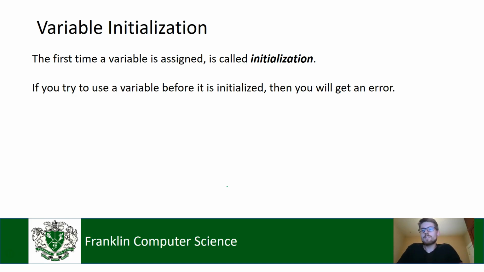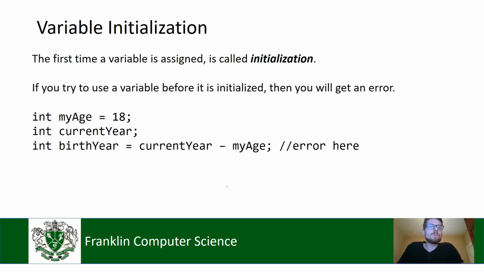And it's okay, this is fine. You'll just have to go back and see, well, I must have declared something but not actually given it a value. So going back to this example, with the three variables, my age, current year, and birth year, we're going to have an error when we try to run this line down here.